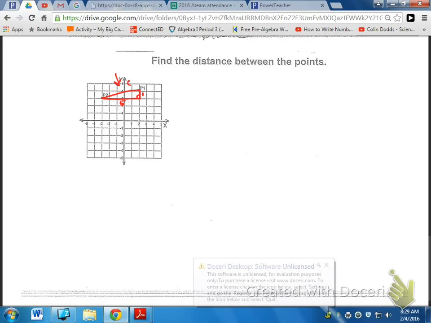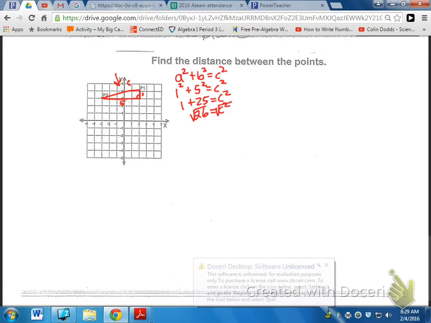C. Yeah, that's C. So I'm going to go a squared plus b squared equals c squared. 1 squared plus 5 squared equals c squared. 1 squared is 1, 5 squared is 25, equals c squared. Go ahead and add those. 26 equals c squared. And then always the last step on these today, square rooting 26.